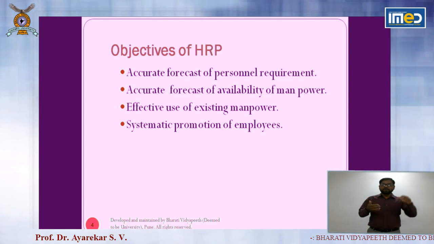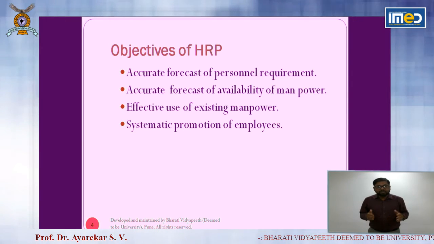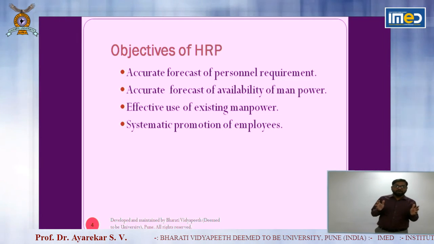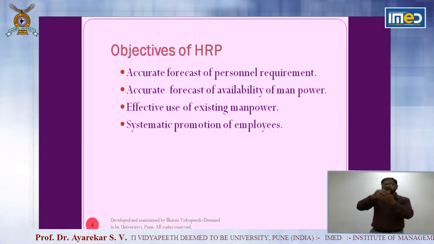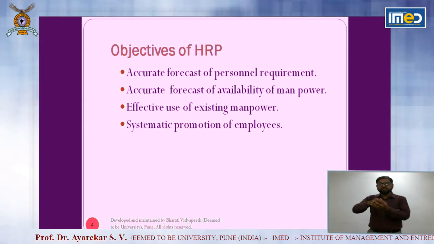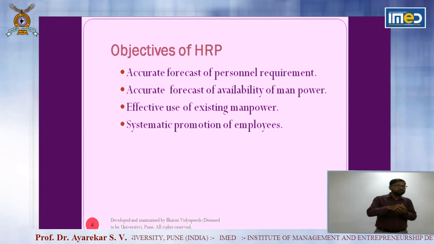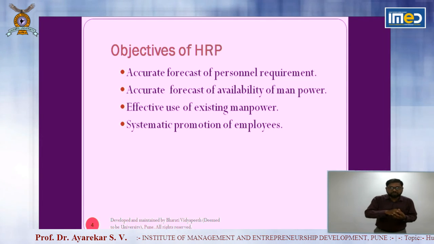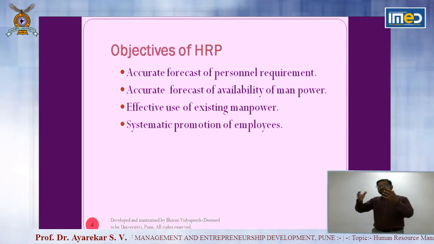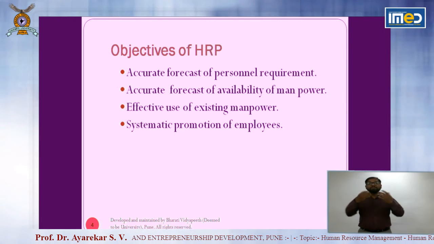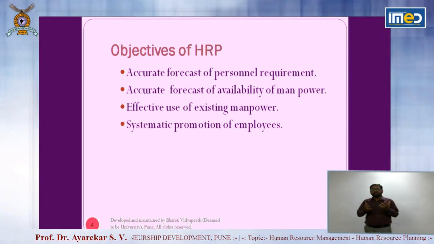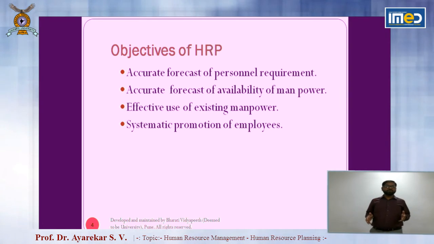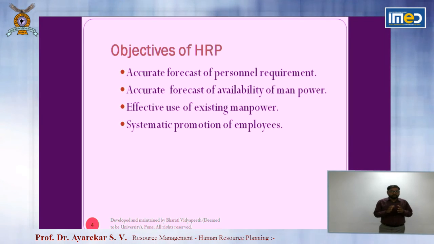We can promote that person to occupy that position. Instead of searching outside the organization, first give preference to the people who are working with the organization, search for them, and if they are available, promote them. It will boost the morale of the employees. So these are the objectives of human resource planning.